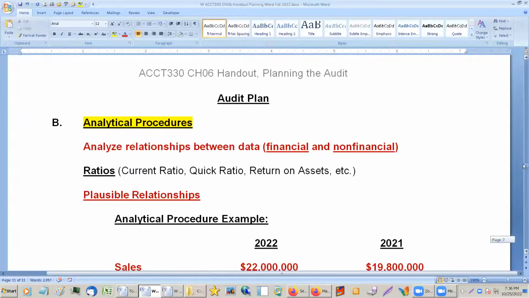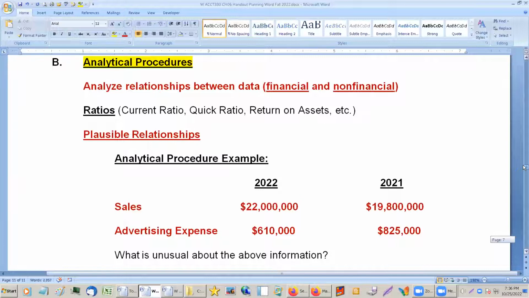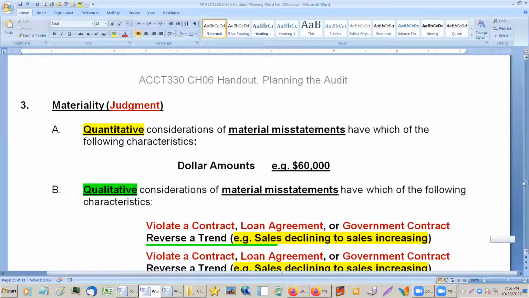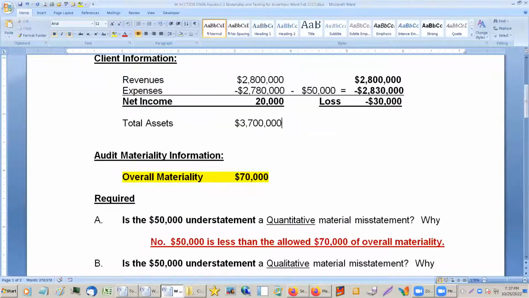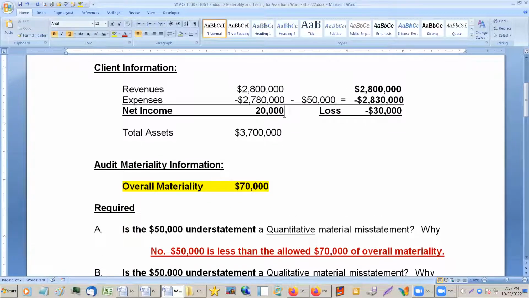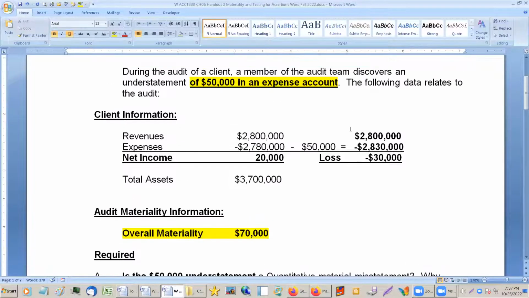It could be, yeah. But one of the qualitative things that changes a loss to a gain, or vice versa. So if it does change income to a loss or loss to an income, qualitatively that means it could be material. In this case, I would say probably it is. It is material because this one shows that they're making money when actually they're losing money.